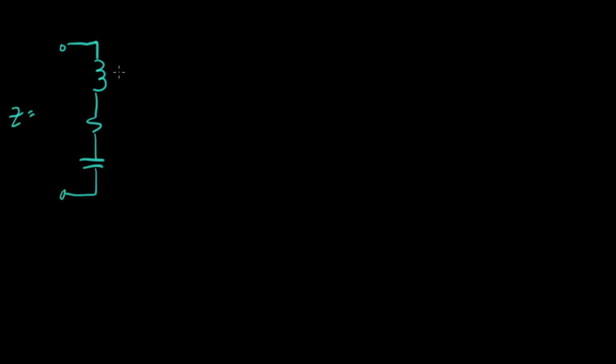We label it as we did before: j omega L, R, 1 over j omega C. So let's now work out the impedance of this. It's a series circuit, so the impedances add. So we can say that Z equals j omega L plus R plus 1 over j omega C.